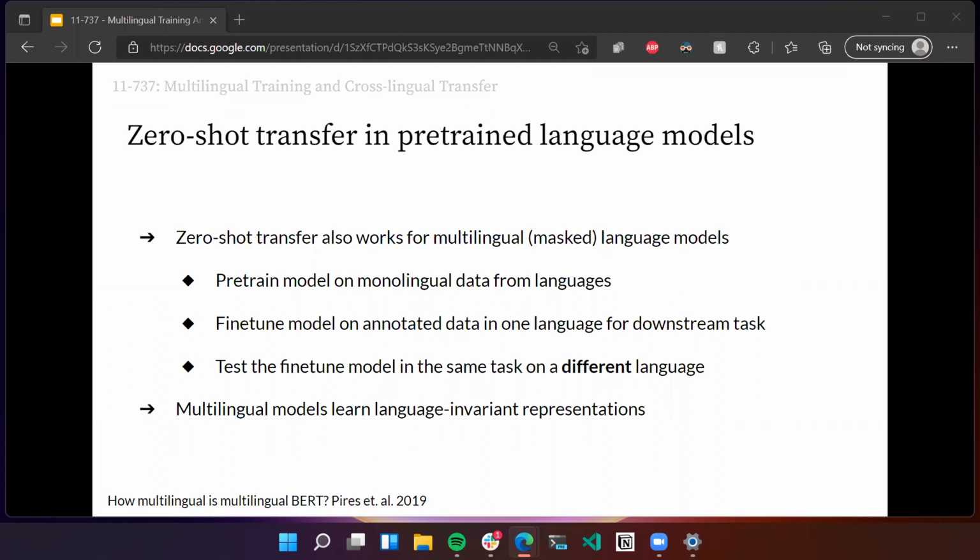This is zero-shot transfer for language models. The reason this works is that multilingual language models seem to also learn language-invariant representations.